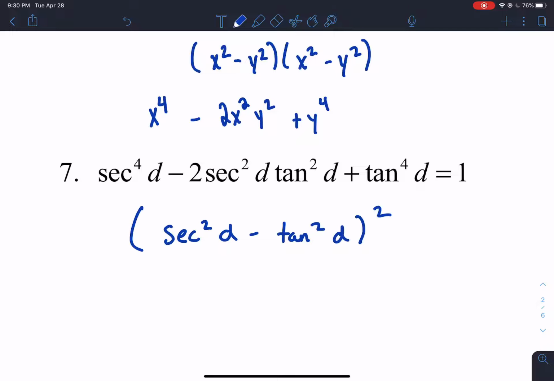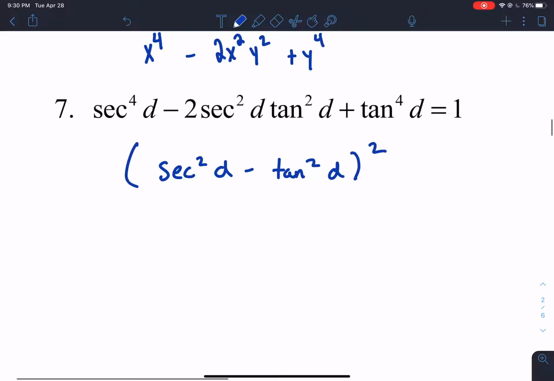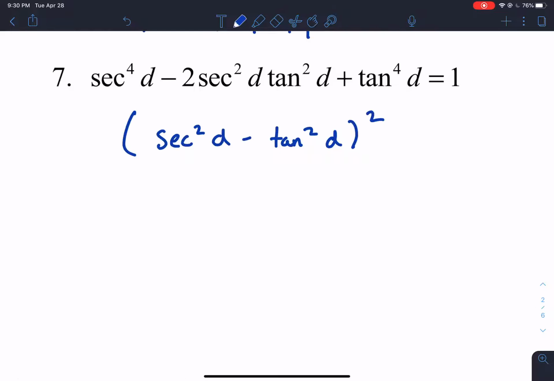Now, if you do secant squared minus tangent squared, that's a Pythagorean identity. So this is just going to be left with 1, and then 1 squared is 1.